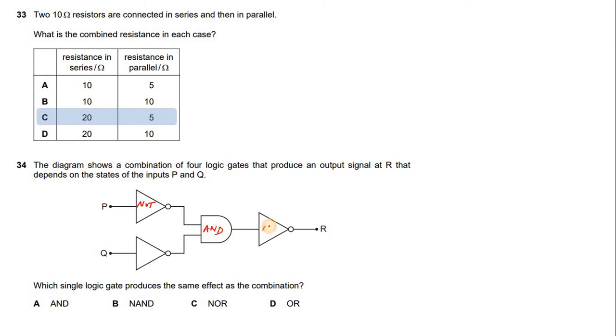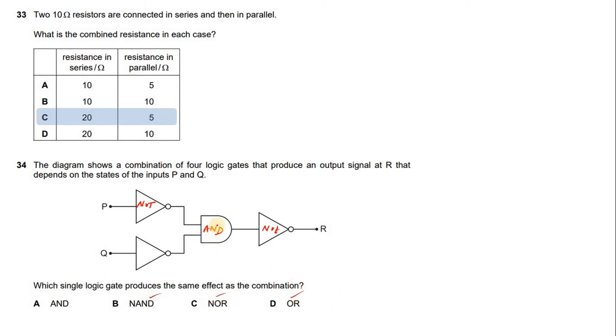And this is again a NOT gate. So for these types of questions, initially, if you don't have the habit of doing it mentally, it is a good idea to make a truth table of each step. It takes time, but that's how you can find the answer easily. So which single logic gate produces the same effect as the combination? So AND gate or NAND gate or NOR or OR.